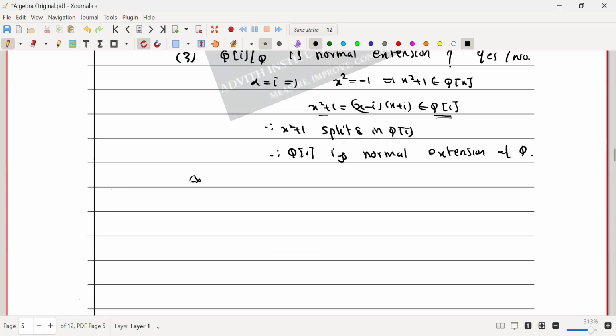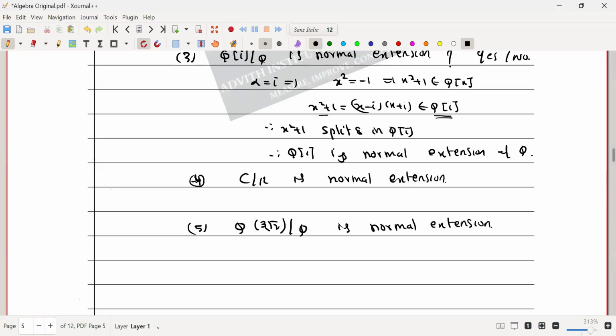Similarly, C over R is also a normal extension. What about this one? Q of cubic root of 2 over Q, is it a normal extension?